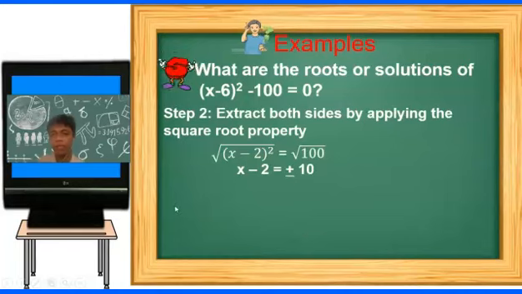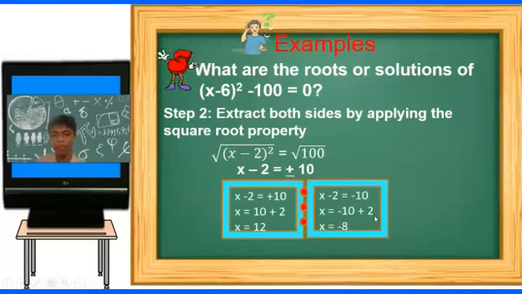Dito, magkakaroon tayo ng two different solutions. First solution natin, kung nakikita nyo sa dalawang solutions natin, one equation is x minus 6 is equal to positive 10. Unlike sa pangalawa, x minus 6 is equal to negative 10.